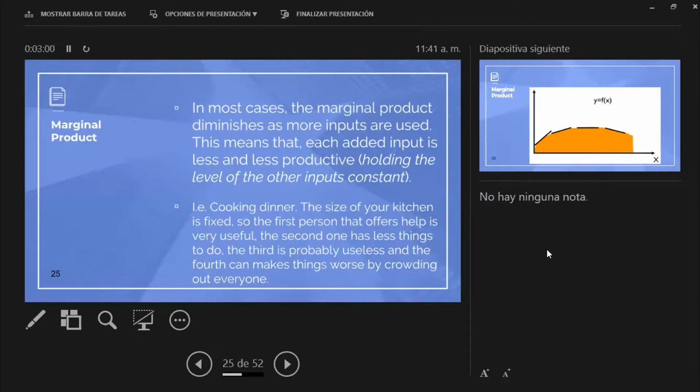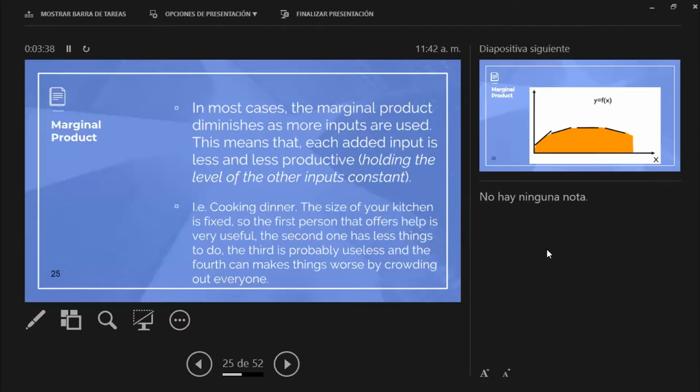You want to increase the size of your restaurant such that you are able to satisfy all the customers that come at once at night or at lunch or whatever. But if you are not able to increase the size of the kitchen, then you come up with this problem as it looks here. So imagine that the kitchen size is fixed for your restaurant.